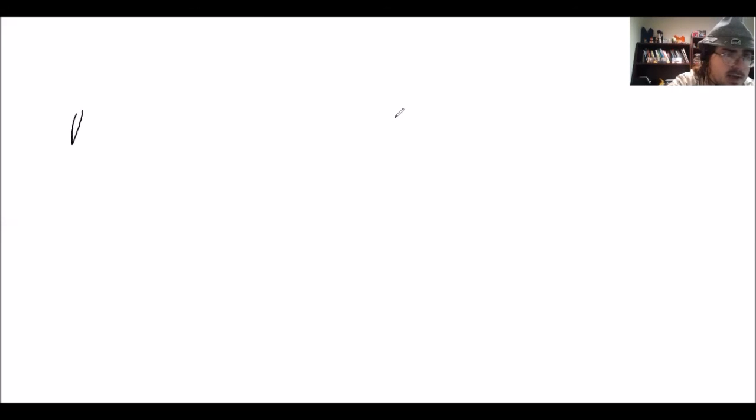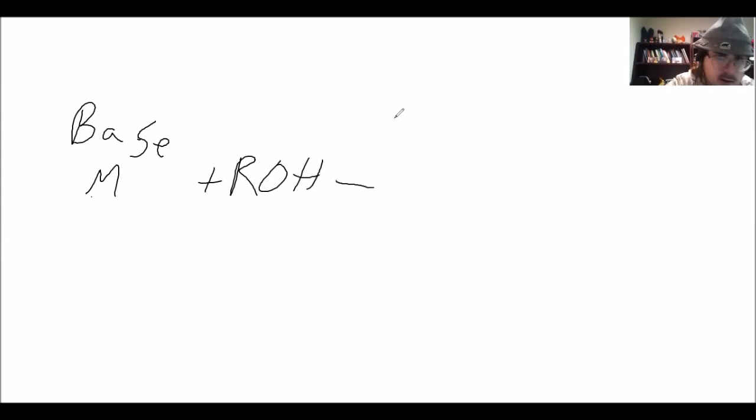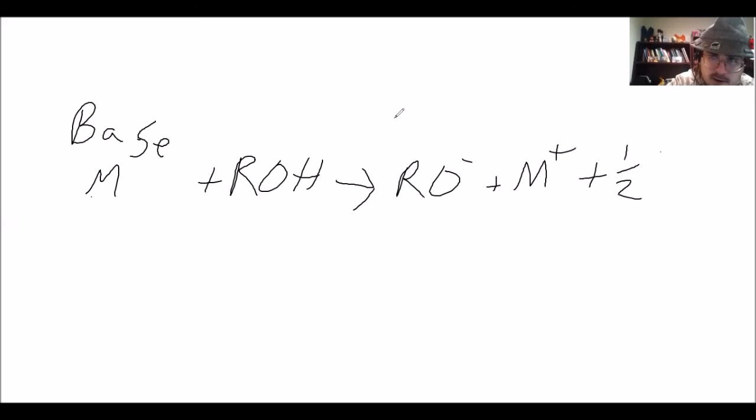You can use a metal base, we're going to call it M, plus our ROH, and you can form RO minus, the metal cation, and a half mole of hydrogen gas. This is one way to keep this from reversing.